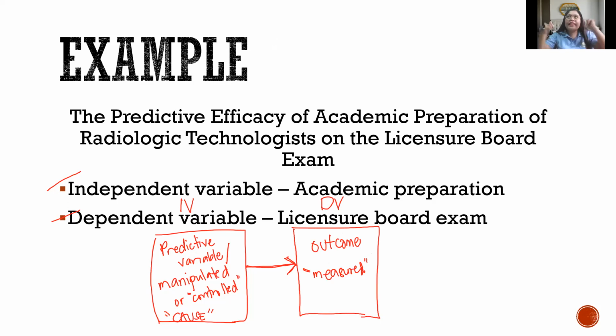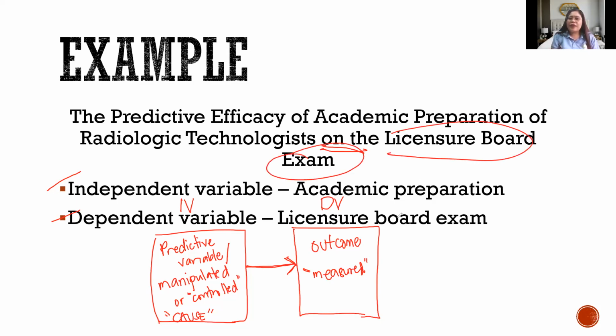When you look at the title, for example, you can already see from the title which is the independent variable and which is the dependent variable. So in the title, you will see here the predictive efficacy of the academic preparation of the rad tech on the licensure exam. This is the hint for you that this will be the outcome.